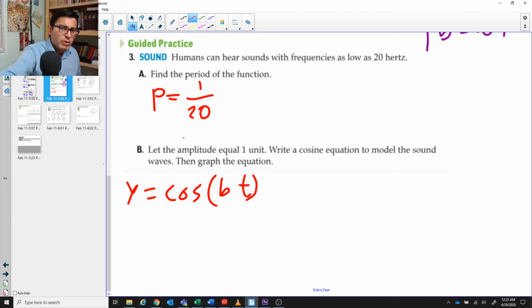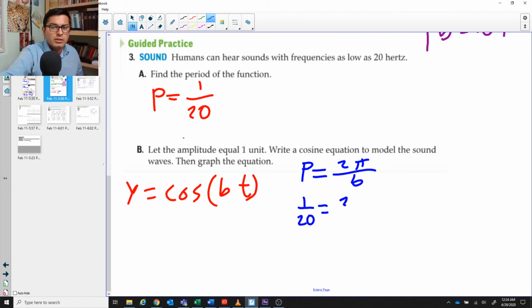So we remember that our period is going to equal 2 pi over our b value. So now we're going to replace p, or our period, with 1 over 20 because we know exactly what it equals already. This is going to equal 2 pi over b. Again, the easiest way to solve this equation is just to cross multiply.